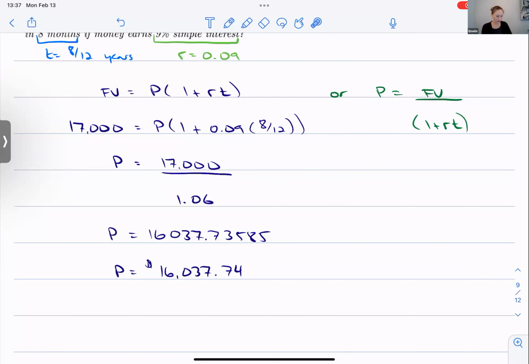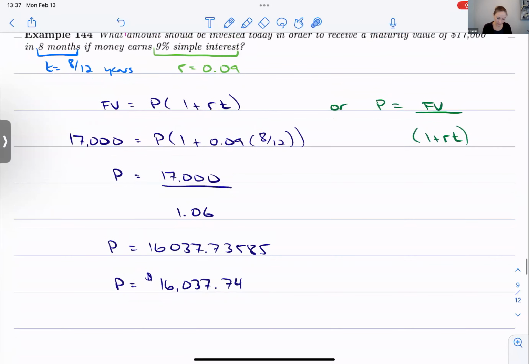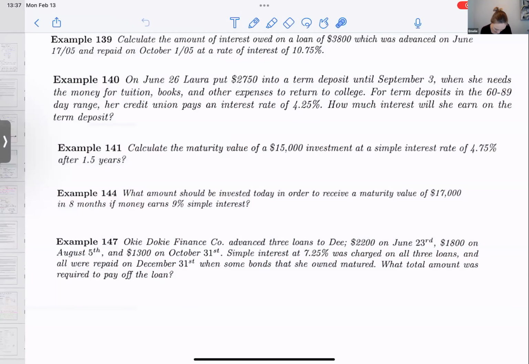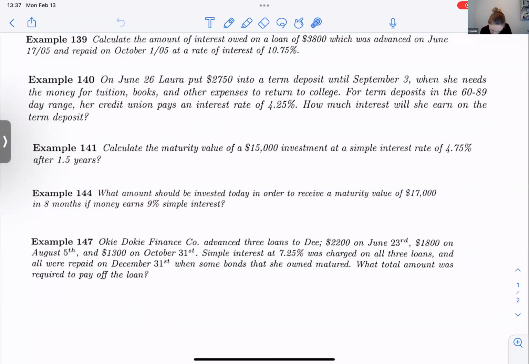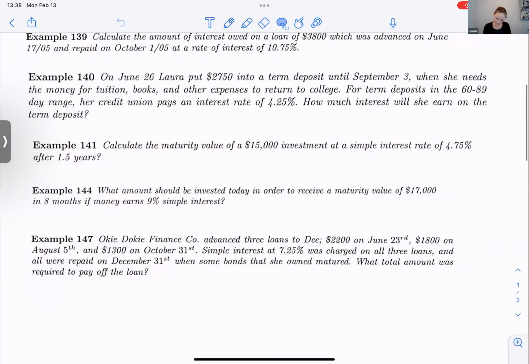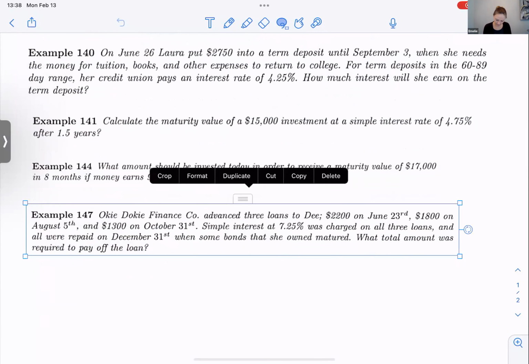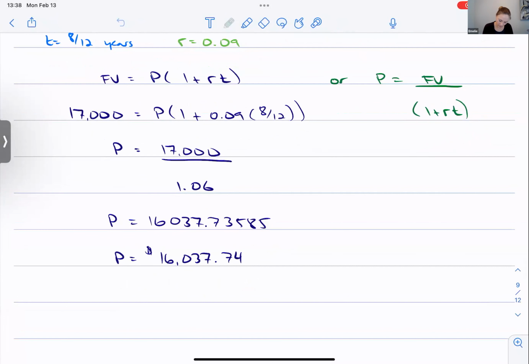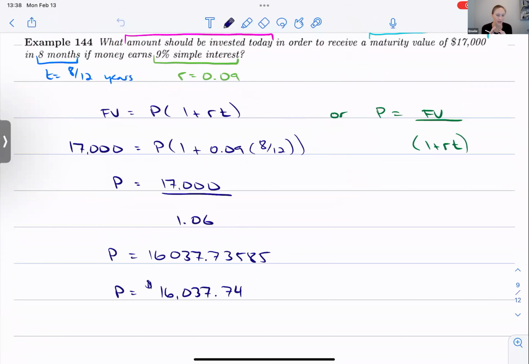Good. Okay. So that was solving for P. So I have an example, but it's not an example where we solve for R or solve for T. So I just want to derive those formulas before we move on, because they're a little bit different.